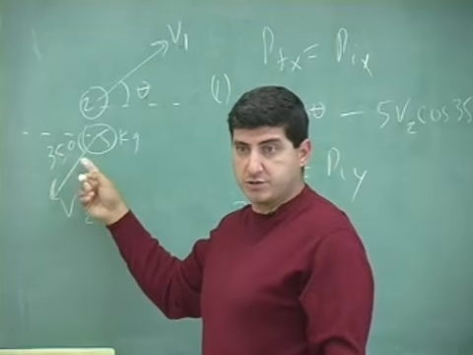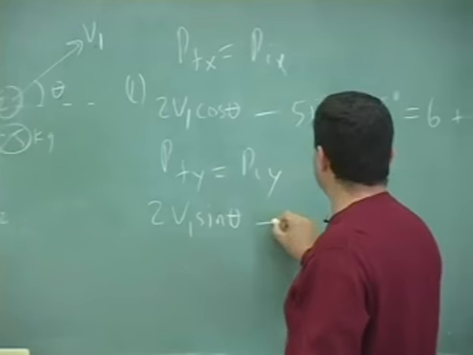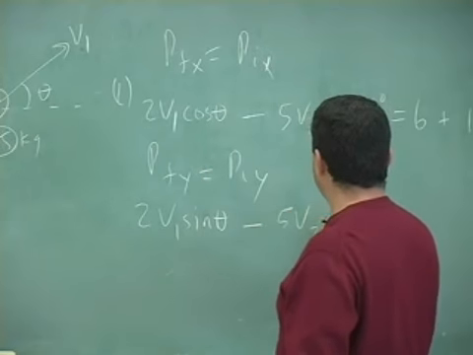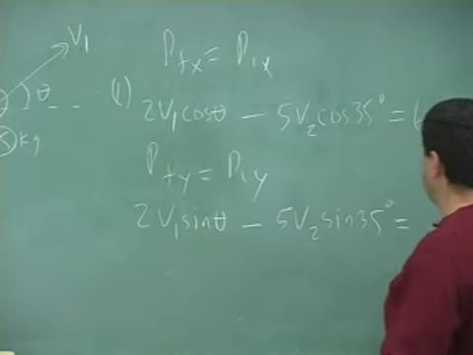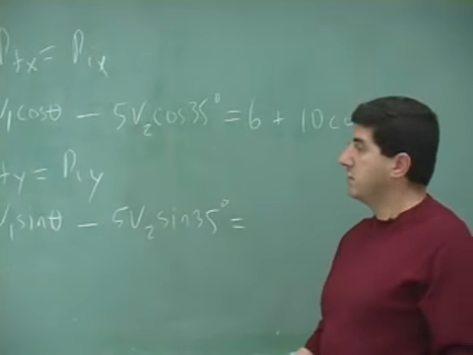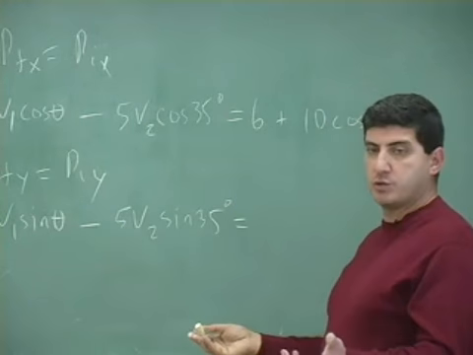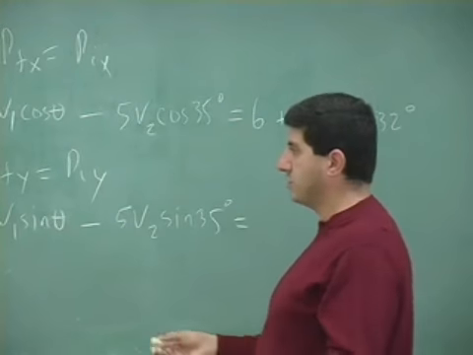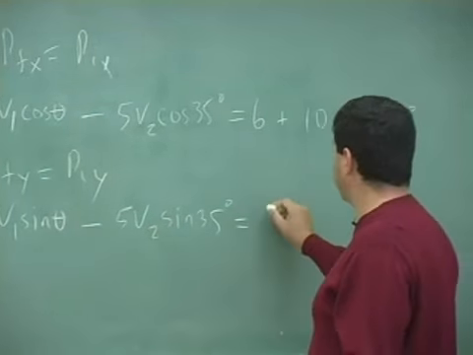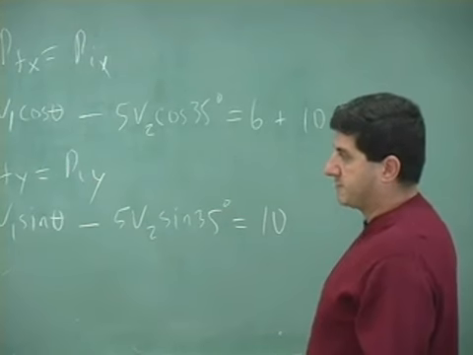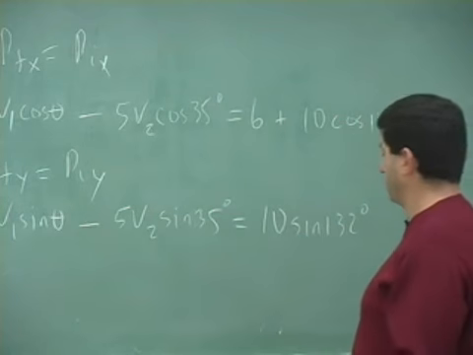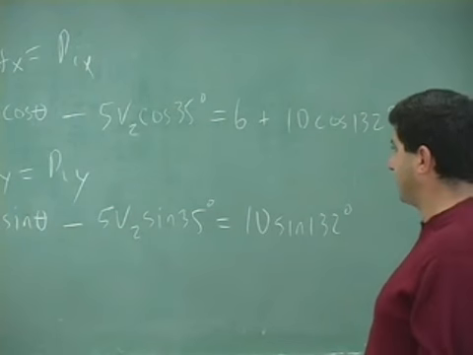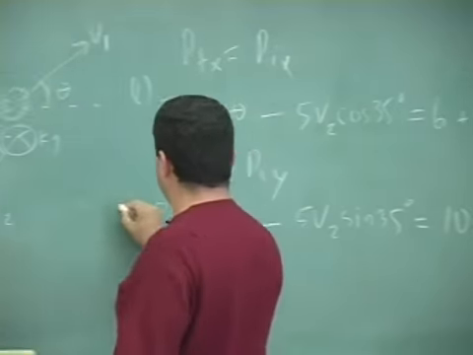It's in the third quadrant, right? So negative 5 times V2 times sine of 35 is equal to, again, the total initial y momentum, which is 10 times sine of 132. And that's our second equation.